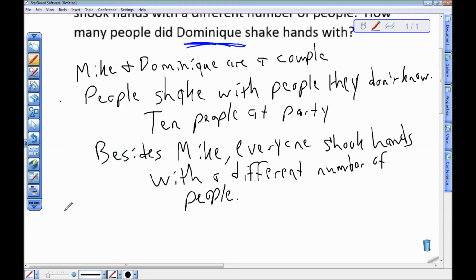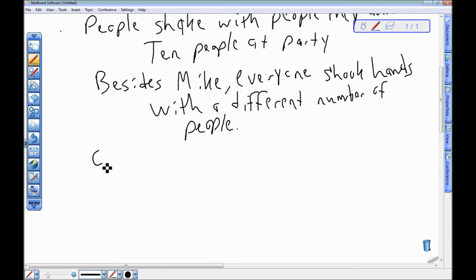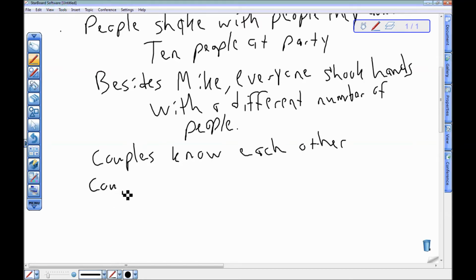If people are a couple, I would think that they know each other. In fact, I'm going to take that: couples know each other. Well, what do people that know each other do?